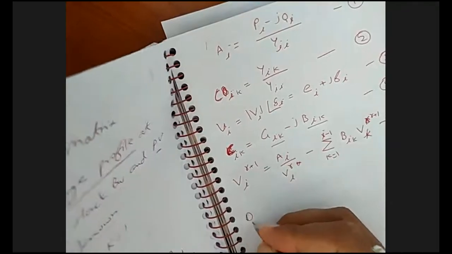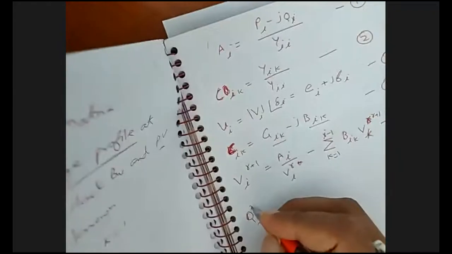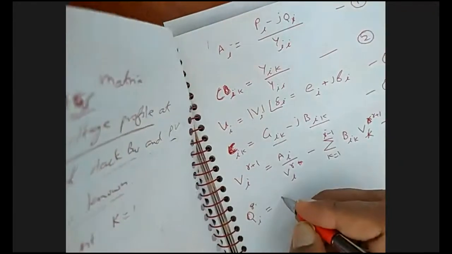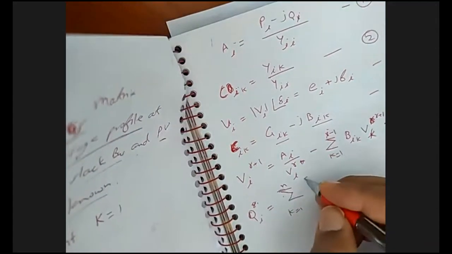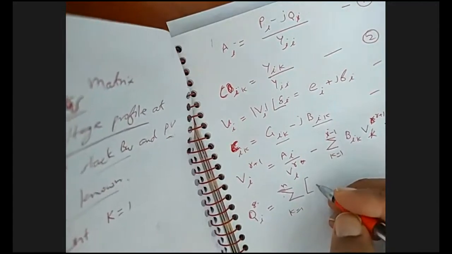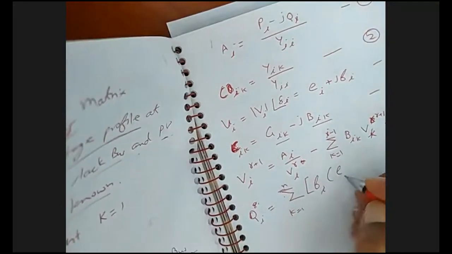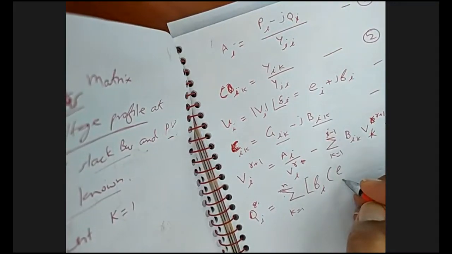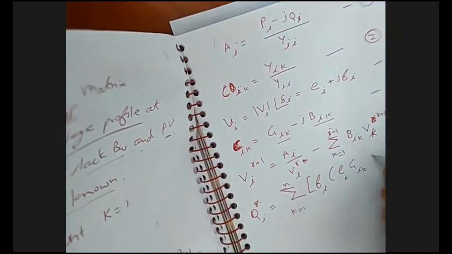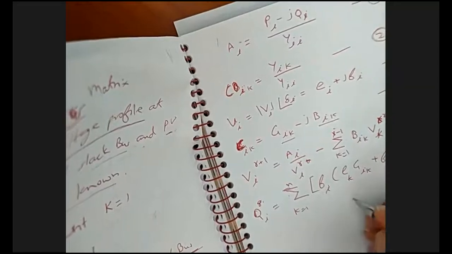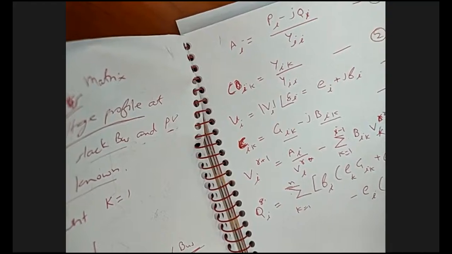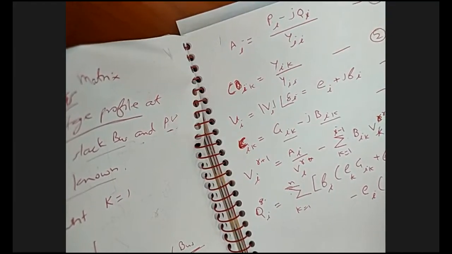And then Qi will be summation k equal to 1 to n of Fi Ek Gik plus Fk Bik minus Ei Fk Gik minus Ek Bik.